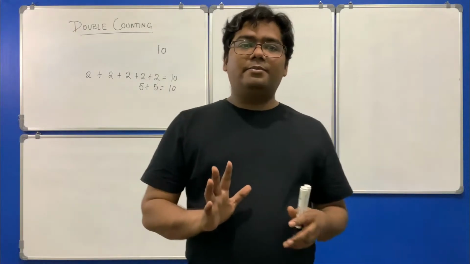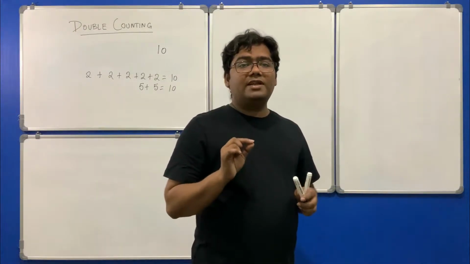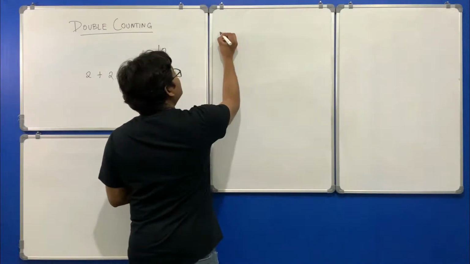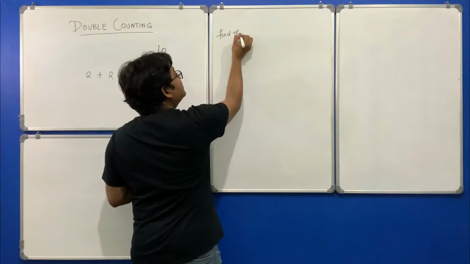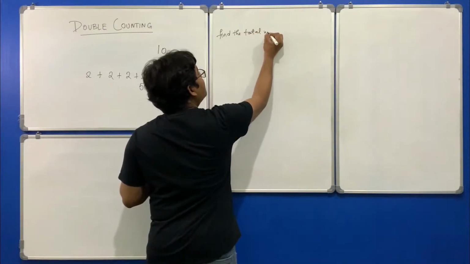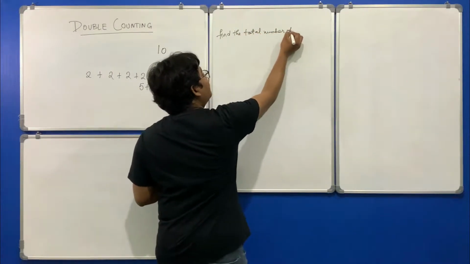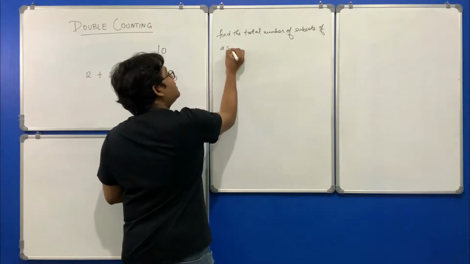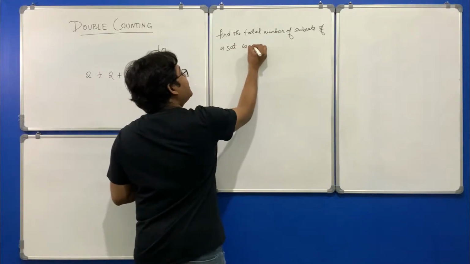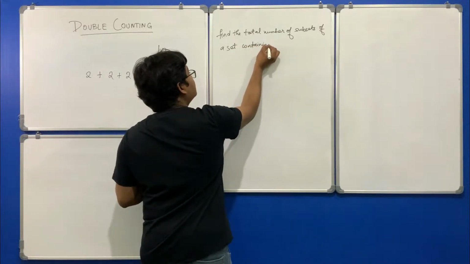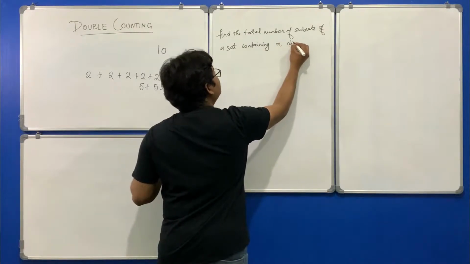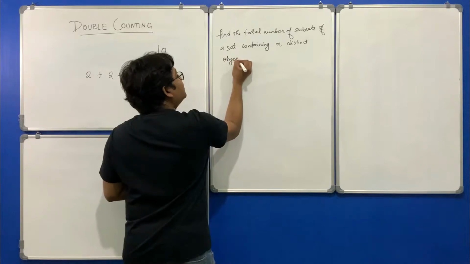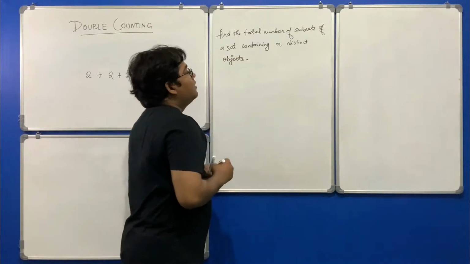To understand it more clearly, look at this very simple example, which is this one. Find the total number of subsets of a set containing n distinct objects.